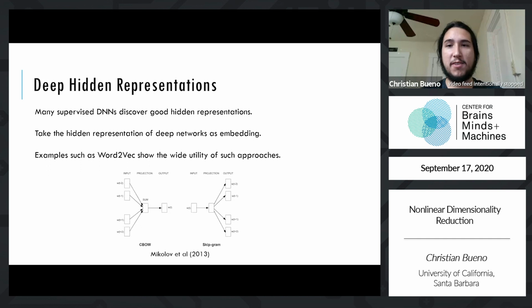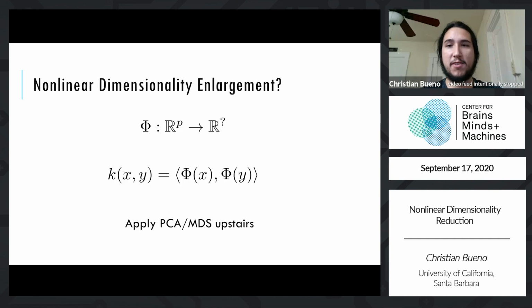You want to get a hold of that hidden representation and use that for downstream processing. These kinds of things are really great. But sometimes this is actually going to take you to a higher dimension than you started with at some point. And that's okay. Nonlinear dimensionality enlargement, I guess that's fine too. We're doing reduction, but we can also do enlargement.